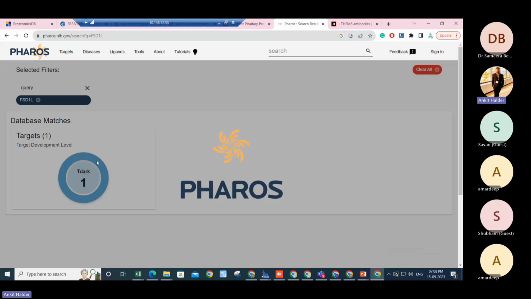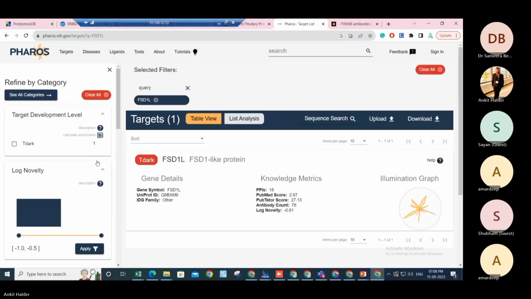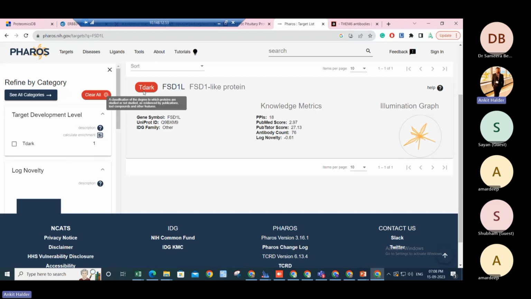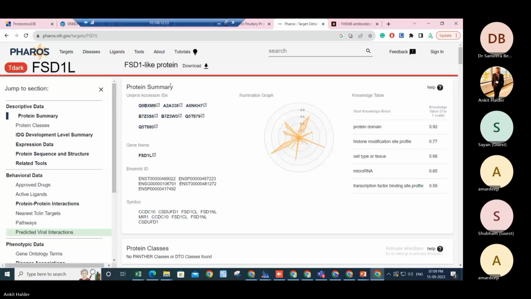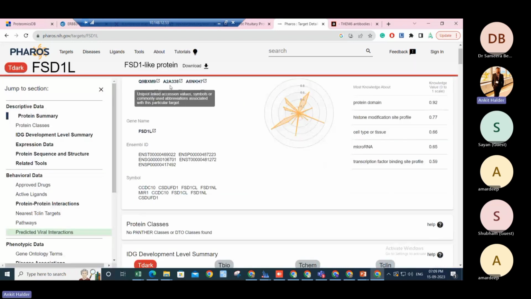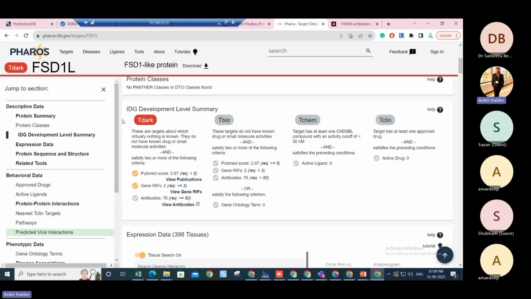This is remaining in the Tdark stage. Why is it in the Tdark?